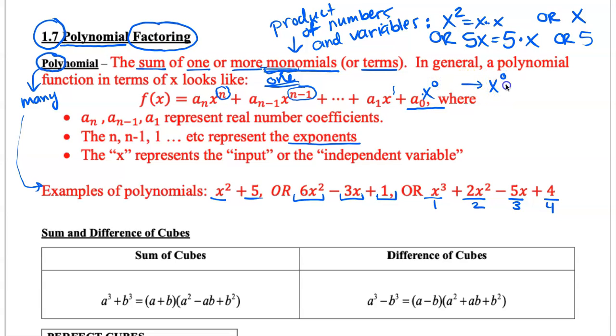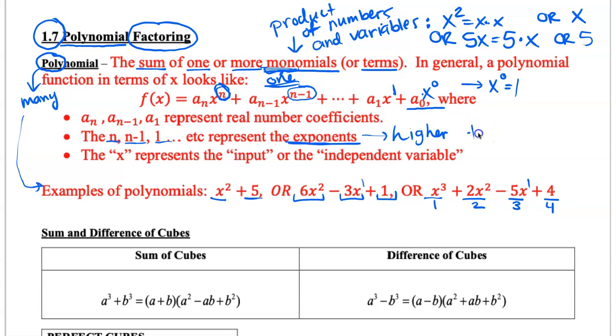But x to the 0 power is equal to 1, which is why you don't see it written there. So technically you count all the way down to the 0 power, except the last one you'll see is x to the first power. But usually we begin with the highest exponent. So these n minus 1, and 1, those are the exponents, and they can go higher than 2.